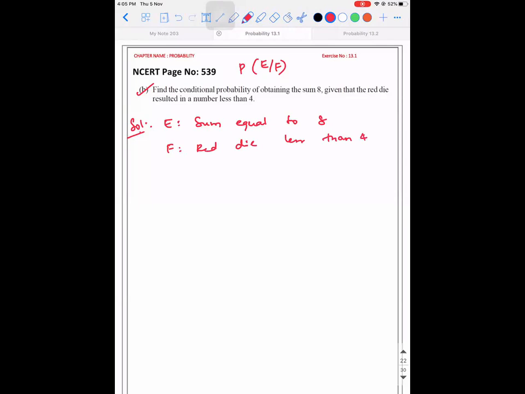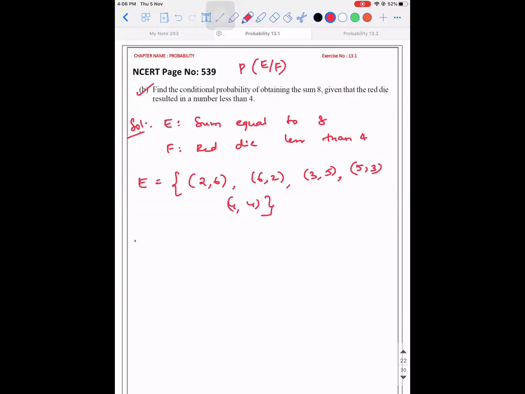For E, sum equal to 8, what are all the possibilities? Starting with 2, 6, then 6, 2. Then 3, 5, 5, 3, and 4, 4. 5, 3 is over, 6, 2 is over. That's it. So everywhere we got 8.